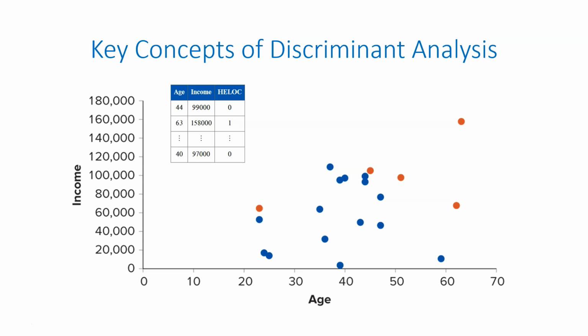In this data set, we record the customer's age, income, and whether they responded to the home equity line of credit offer or not. The scatter plot shows the 20 customers in terms of their age and income, and the customers who responded to the offer are represented by the red dot.